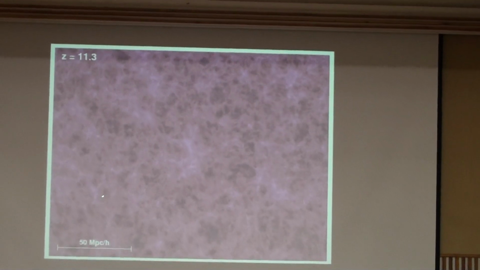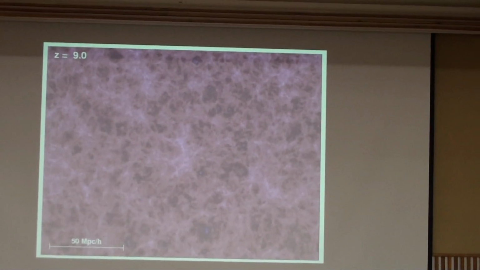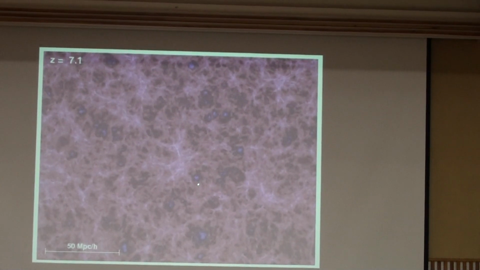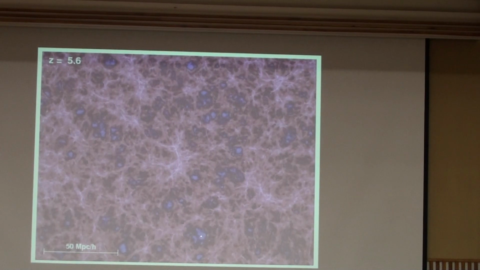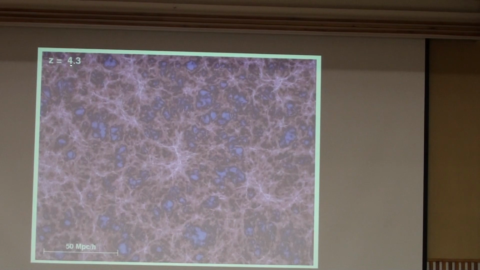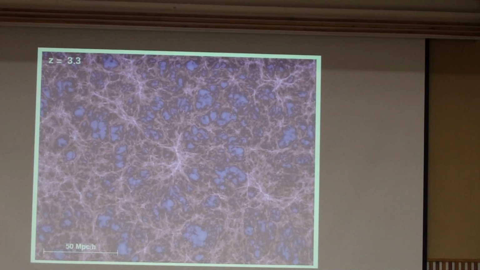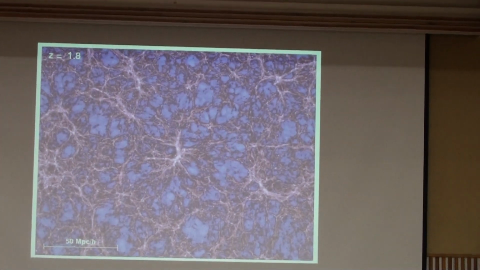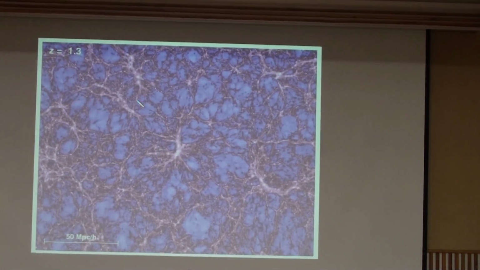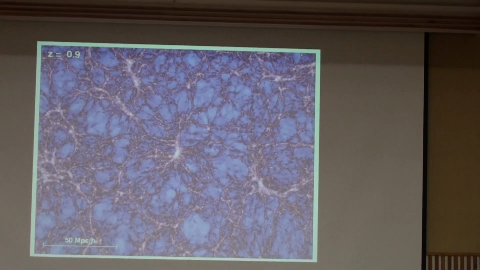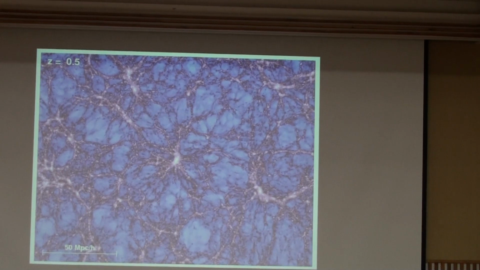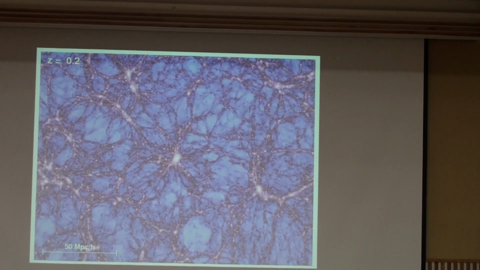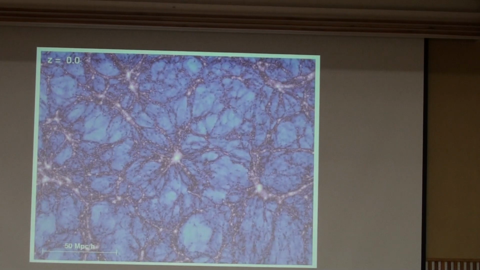Just look at one part of the graph, and look at what happens. Now you see the first big voids forming. This is redshift 5. By redshift 5, you already have lots of galaxies formed in the universe. By redshift 2, there are millions of galaxies around. And it gets more and more filamentary with time.